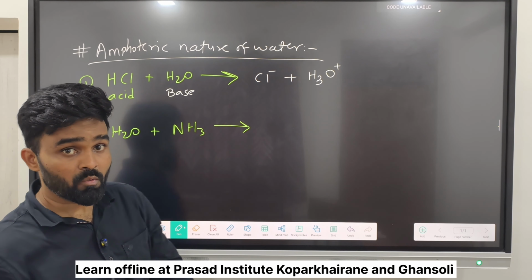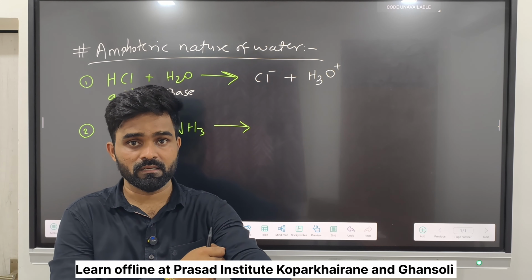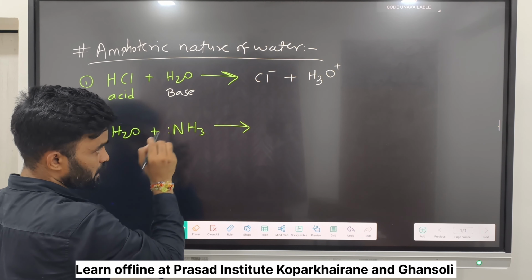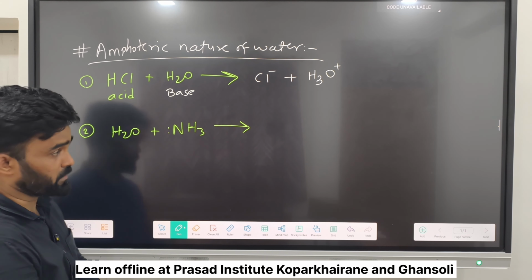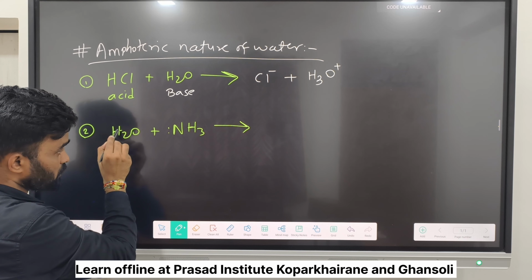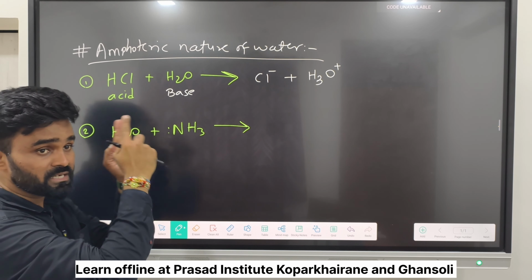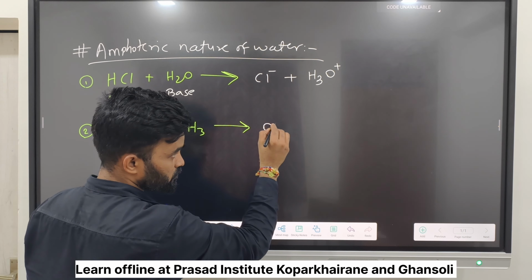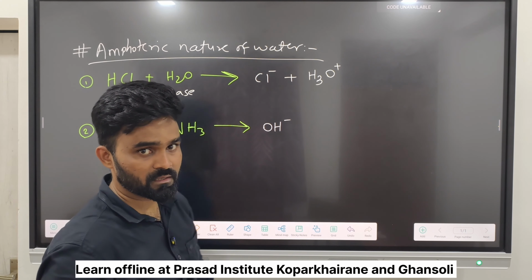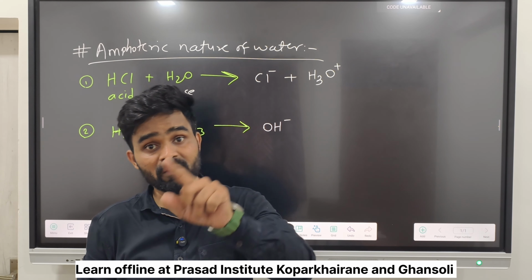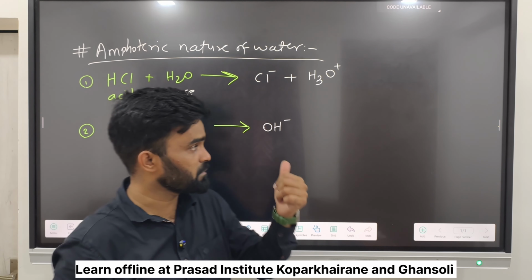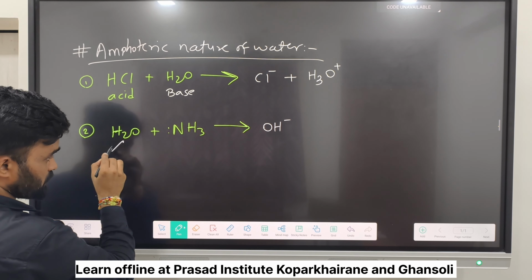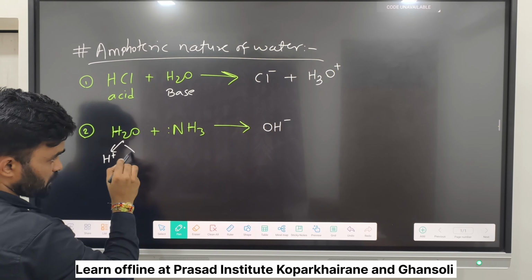In the second case, suppose we react water with ammonia, NH3. In this case, water will act as acid. How? We know that in ammonia, nitrogen has a lone pair. Water donates H plus ion. If water gave the H plus ion, what is left?